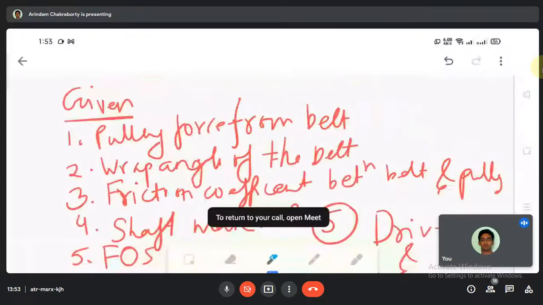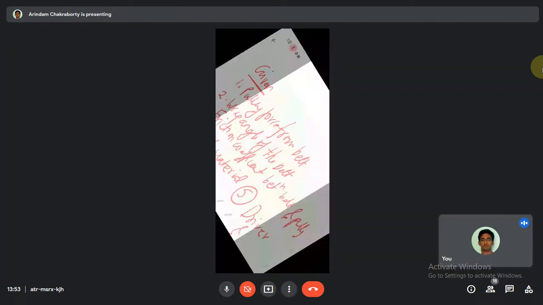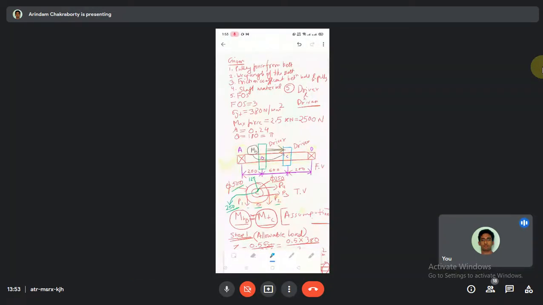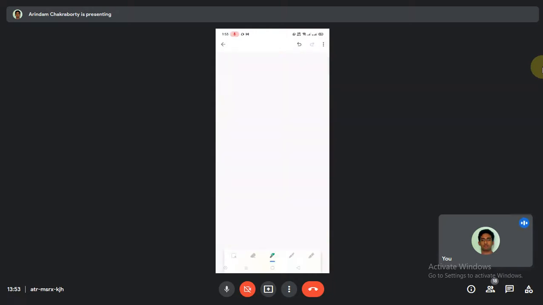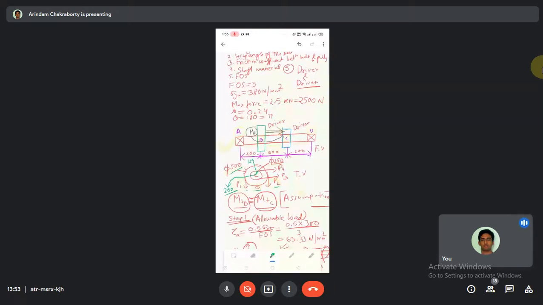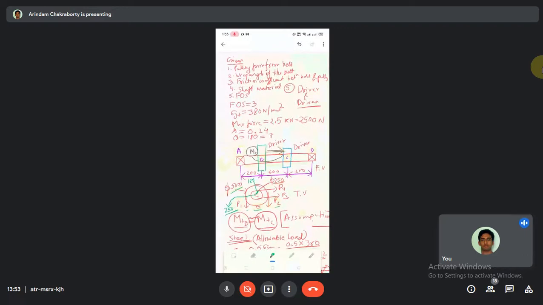Before that, let us summarize this one. So at first what we have done is that we have first found out what is given in the pulley and what else we have to find.